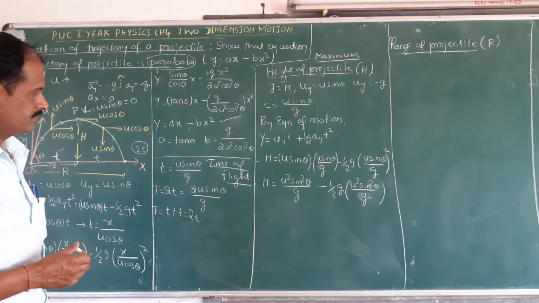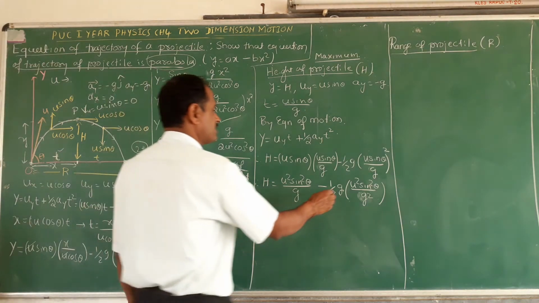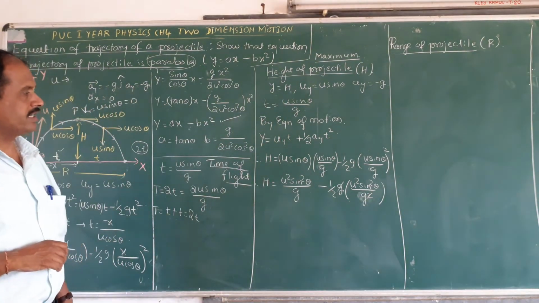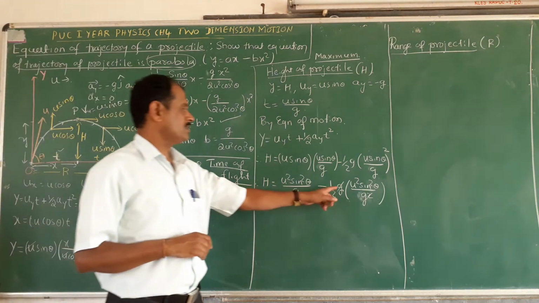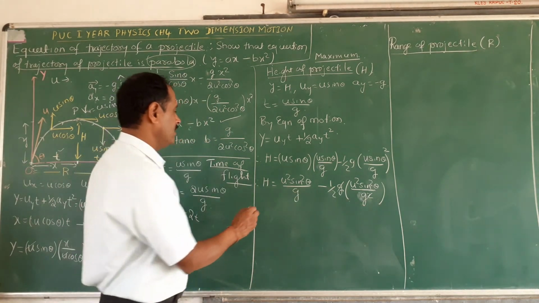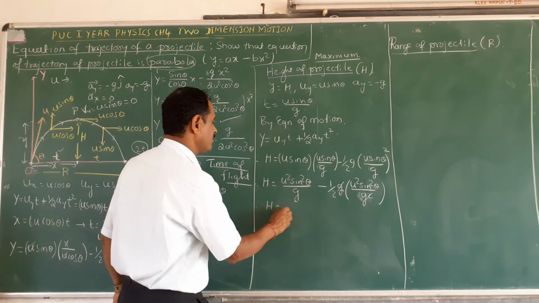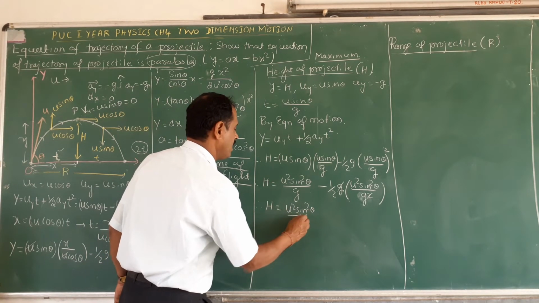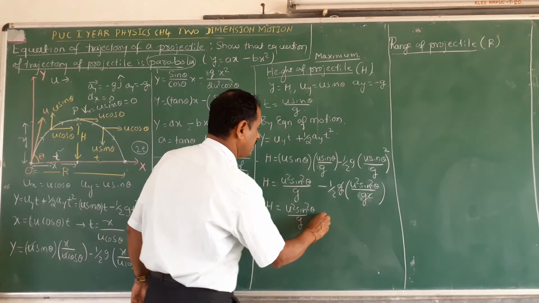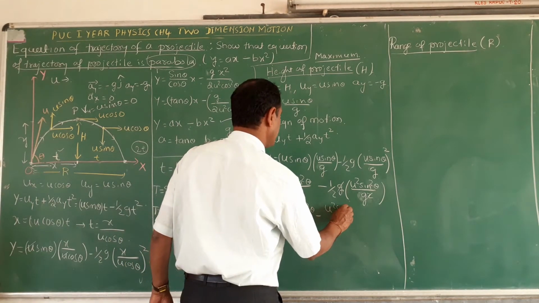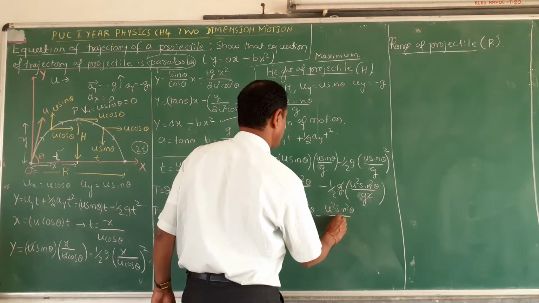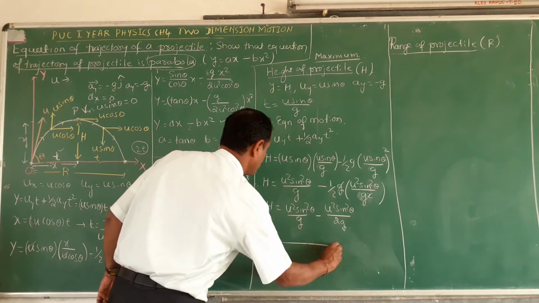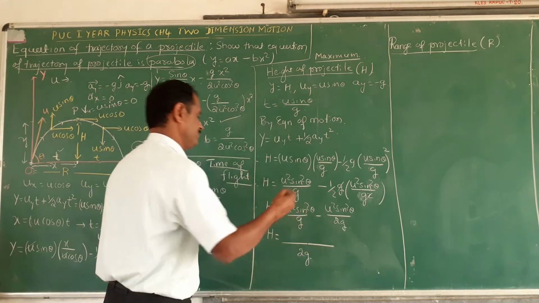Sorry, t is u sin theta divided by g. Now one g gets cancelled here. Therefore h is equal to u square sin square theta upon g minus u square sin square theta upon 2g.